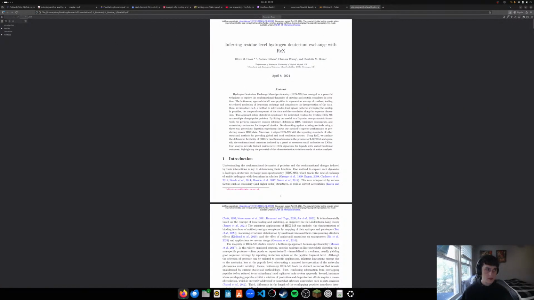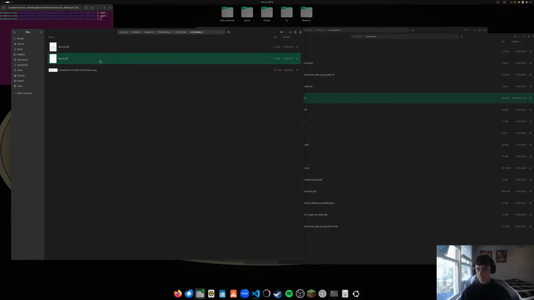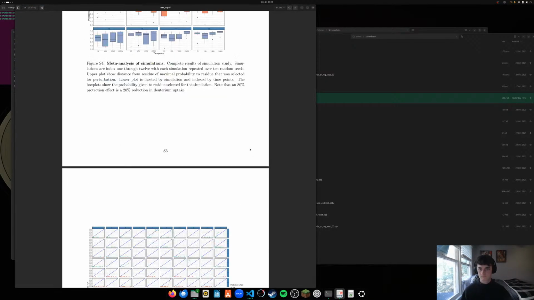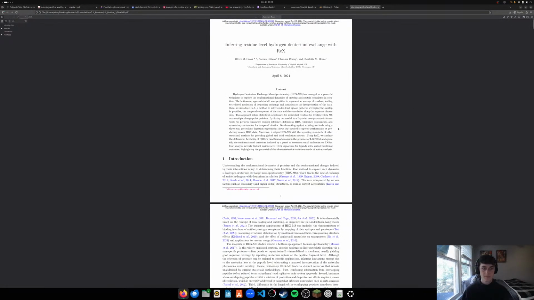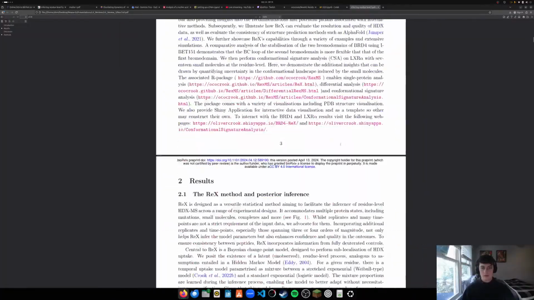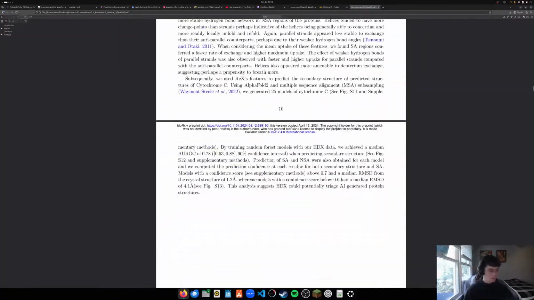I do want to have the SI pulled up. Files moved or missing. Great. I'll just refer it back to there. Where were we? We're almost done.